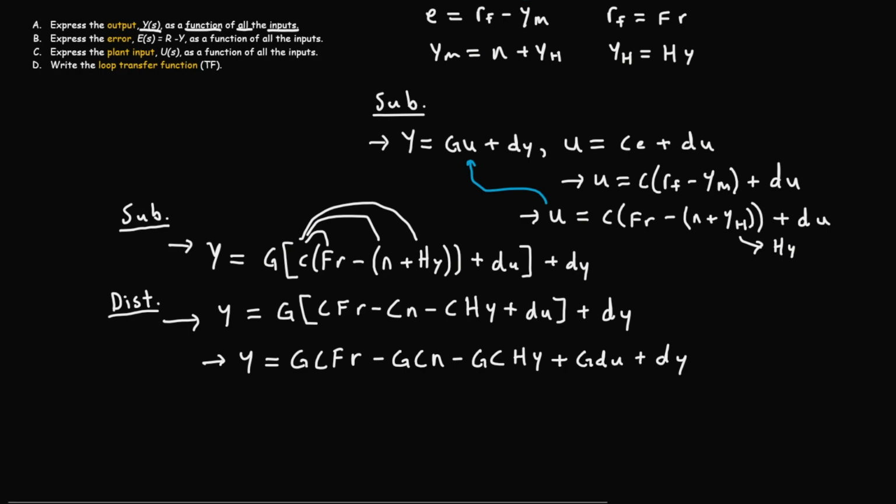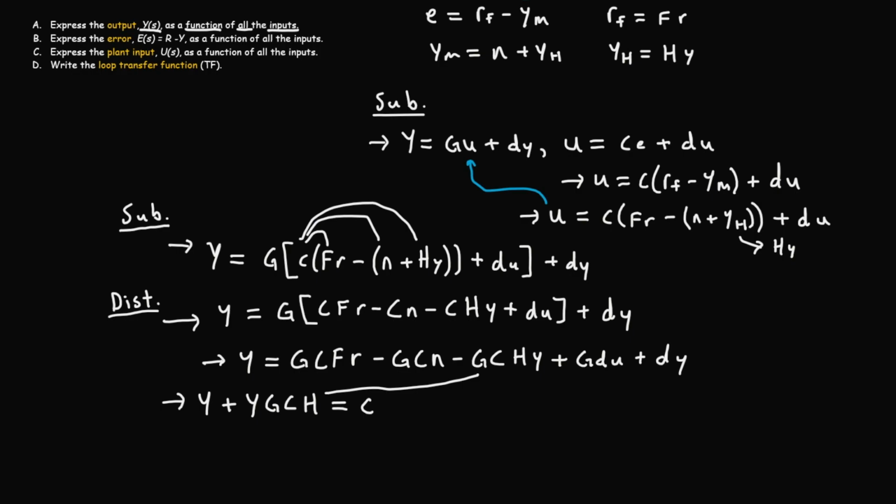And now here we can combine the like terms for Y. So this is going to be Y adding the GCHY to the left side, we have y plus, I'll rewrite this term as YGCH, which is again the same as GCHY.